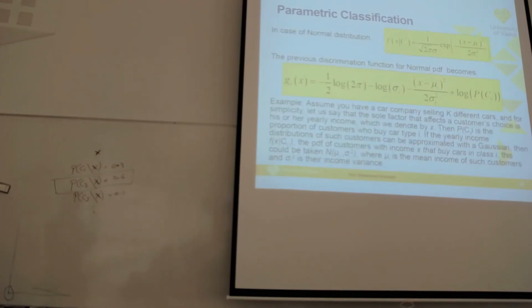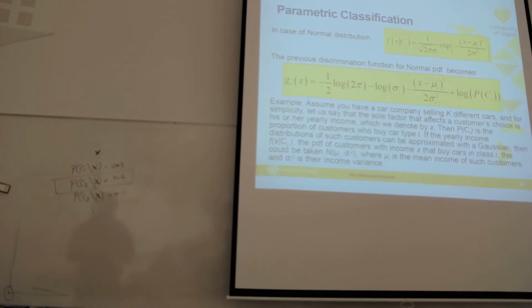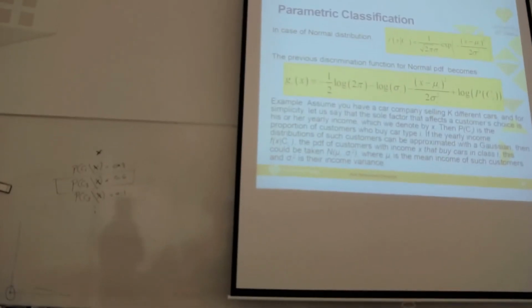As usual, everyone starts by assuming a normal distribution. Normal distribution, as we explained before, can be justified in many applications, where the data are distributed according to the normal distribution.